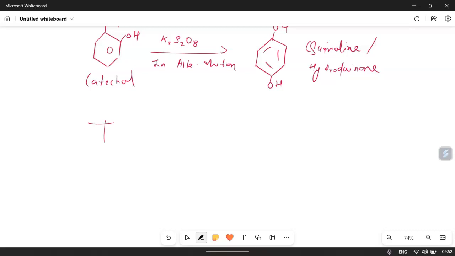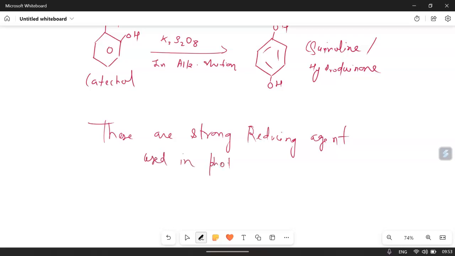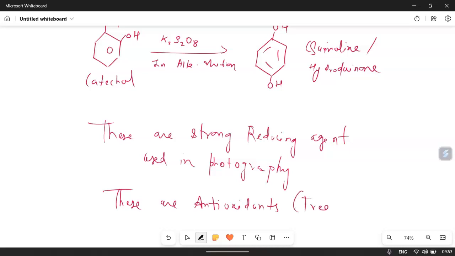So these are mainly strong reducing reagents. Used in photography as developer, and these are antioxidants also, which are free radical inhibitors.